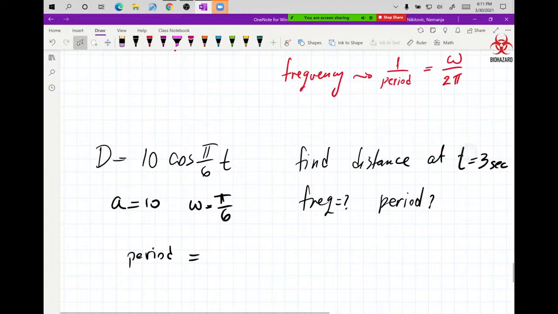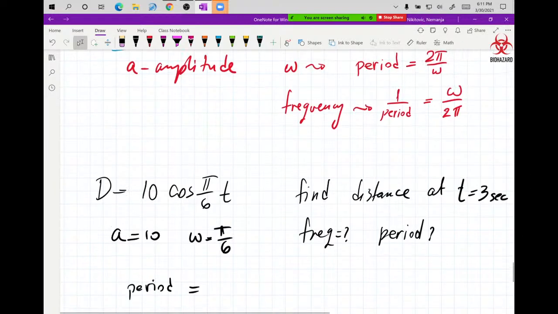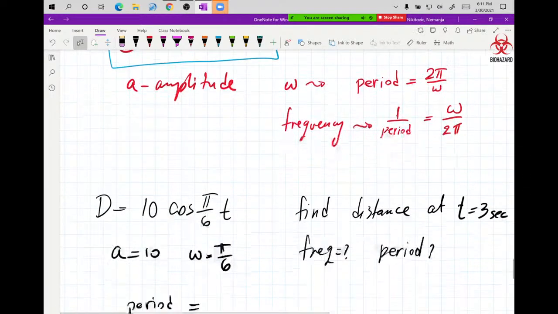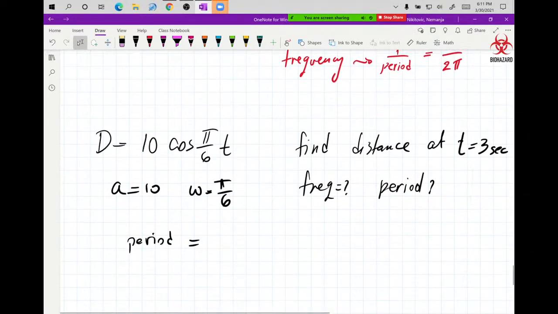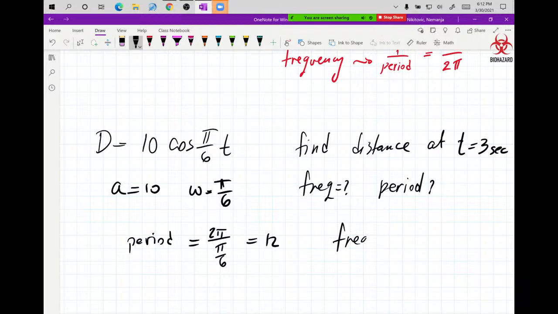So 2 pi over pi over 6, the whole thing works out to be 12. So now we have a period of 12, and the frequency is 1 over 12.